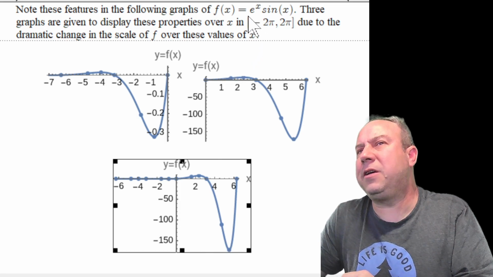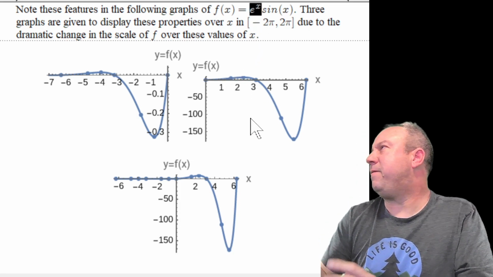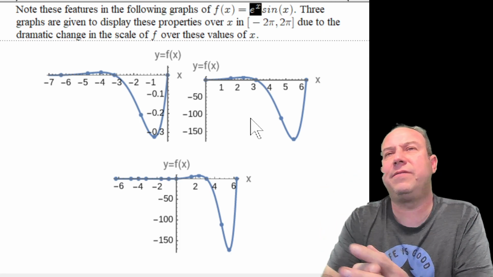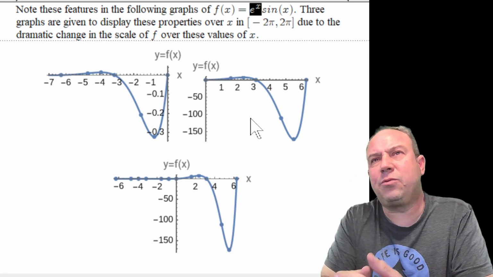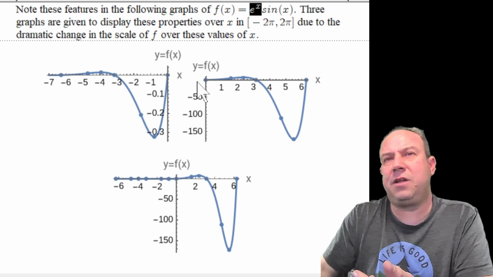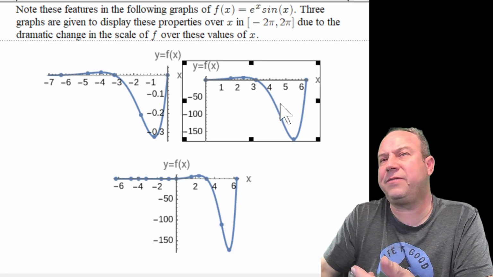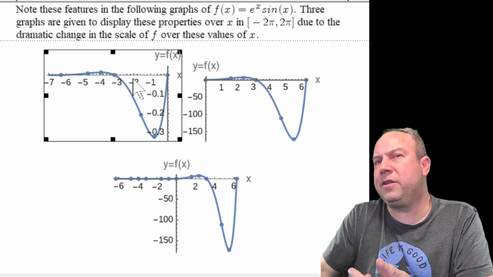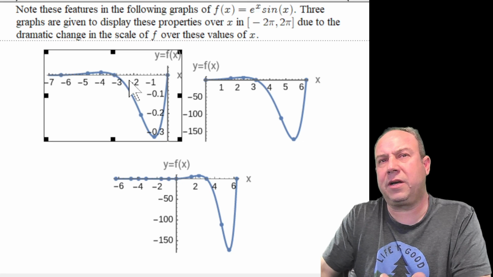Again, that is all being caused by this factor of e to the x. Otherwise, sine of x would just continue with your sine wave. The e to the x is what blows it up extremely large to the right of the y-axis very quickly, and e to the x is what makes it extremely small to the left of the y-axis very quickly.